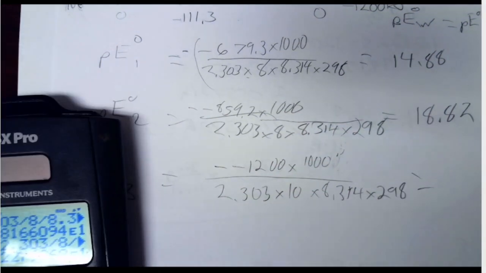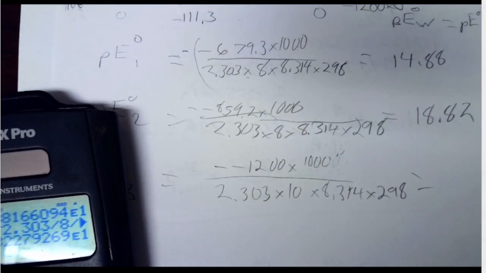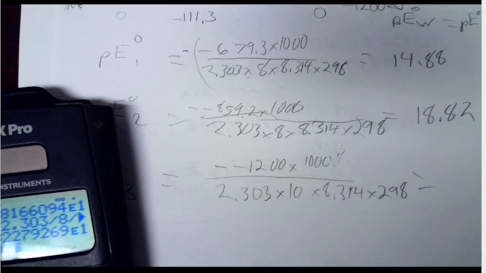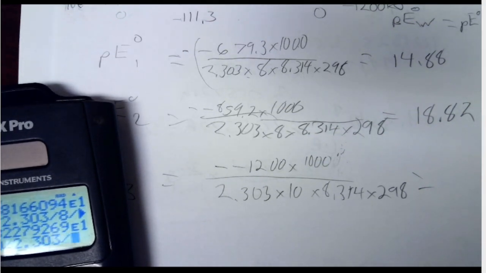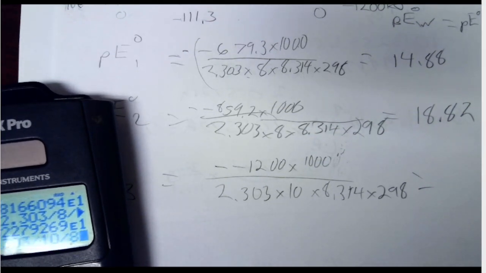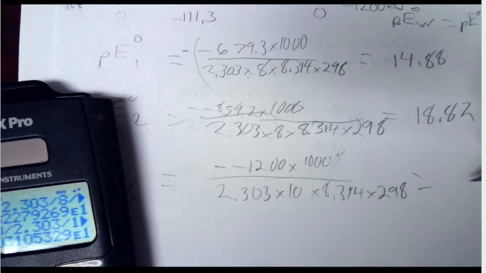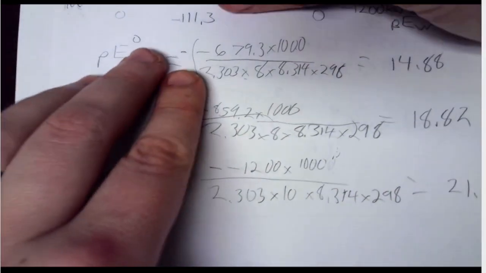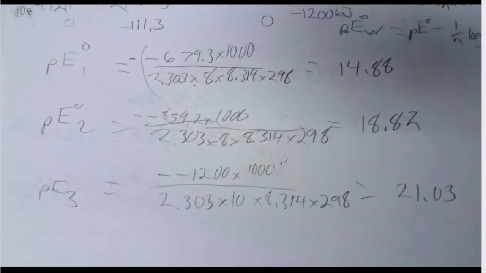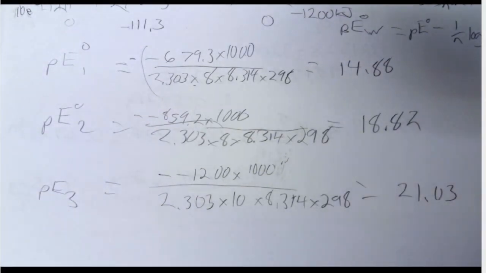Lastly, we got 1,200,000 divided by 2.303 divided by 10 divided by R divided by 298. So this is 21.03. All of these have a very high PE under these conditions.